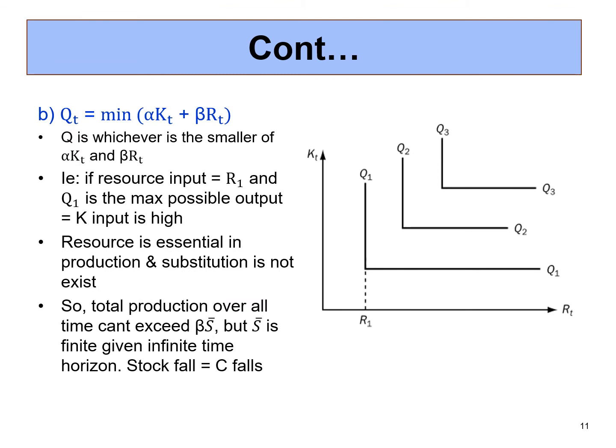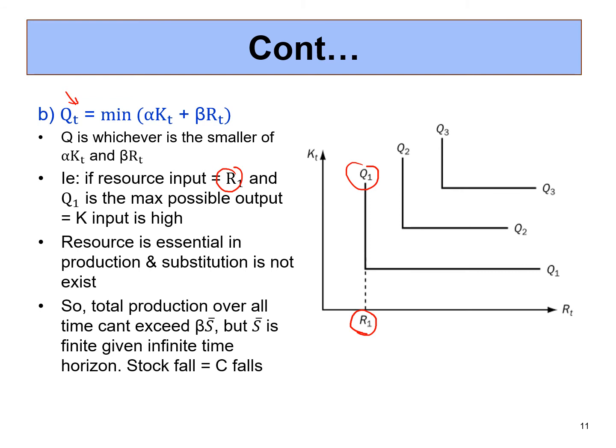The second production function is Q equals the minimum of capital and resources. Right. So here Q is whichever is the smaller of K, capital, and resources. For instance, if the resource input is R1, and Q1 is the maximum possible output. Okay, so where is our R1 in this diagram? R1 is here. To produce Q1, we will use R1, right?